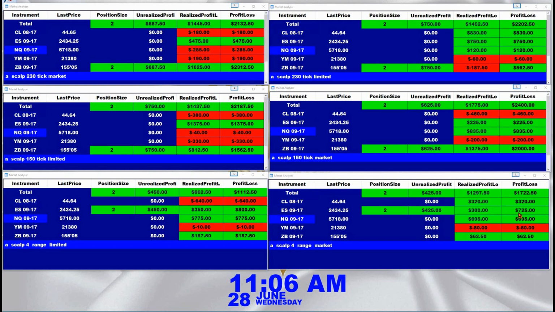At the same time, here is your 4 range. Also, we are testing the 4 range and the 3 range. And this is the 4 range. If we notice on the ES, the difference on the 4 range between a limited and market right now as we speak, they're both on a long trade with 2 contracts.